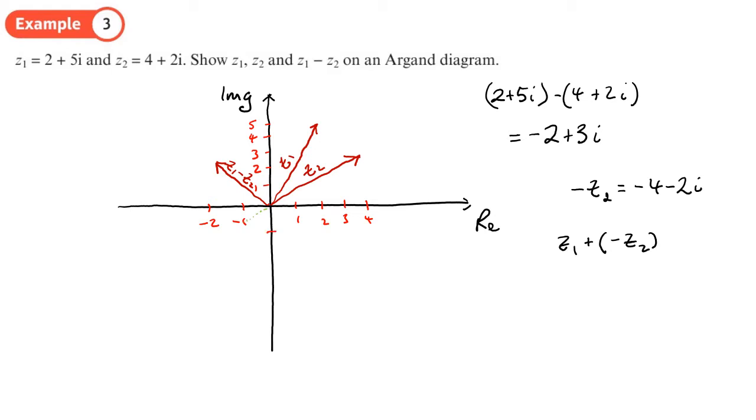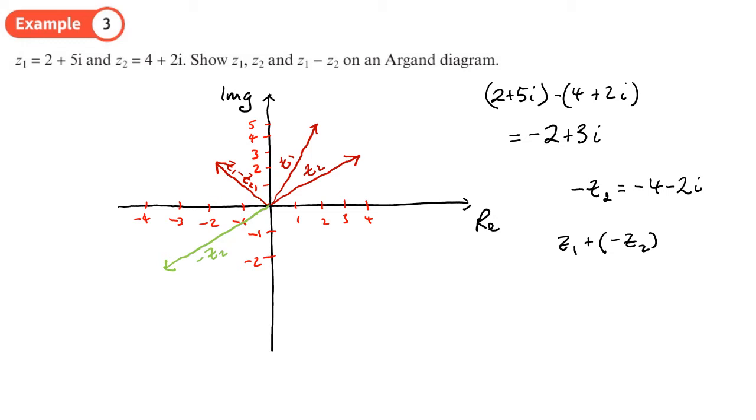So I'm going to have to put negative 1, negative 2, negative 3, negative 4. So negative Z2, I'm doing it in this green colour, looks something like this. This is negative Z2. And actually we can interpret it in the same way in terms of the parallelogram.